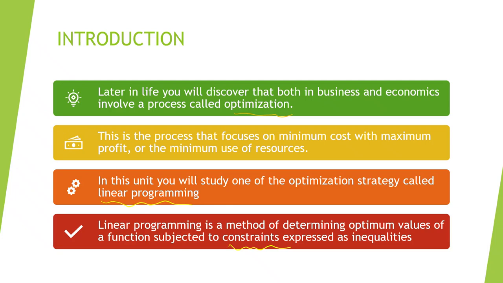You may use those limitations to achieve what you want to achieve. It could be an issue of time. You can have limited time, you can have limited resources, you can have limited money. So those are constraints. But these ones are usually expressed as inequalities. By now, you should understand what inequalities are.